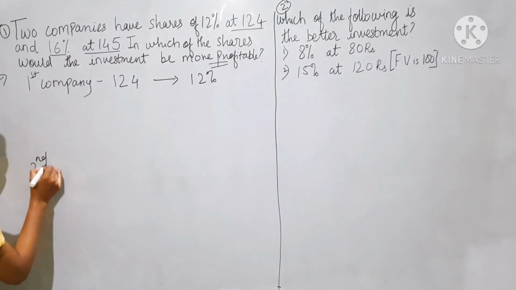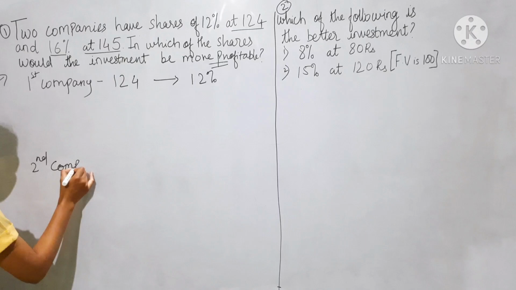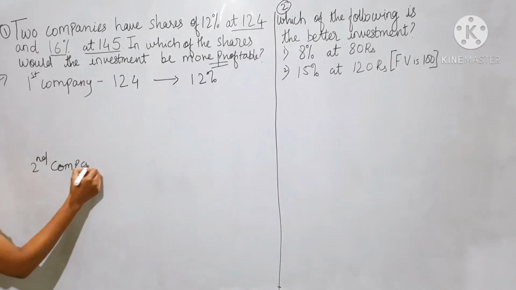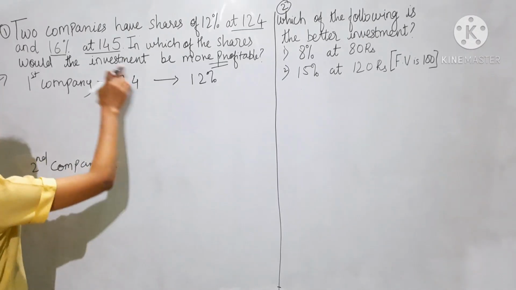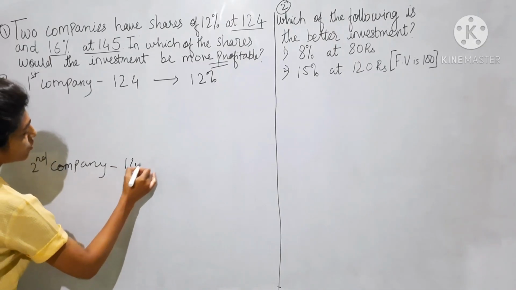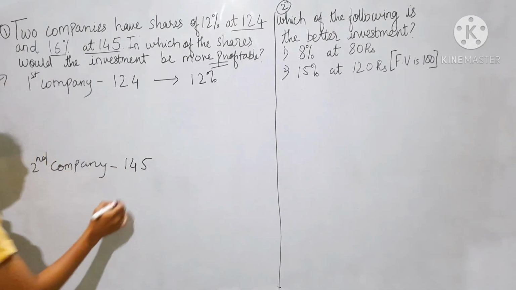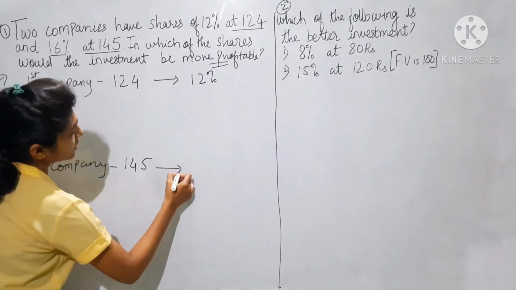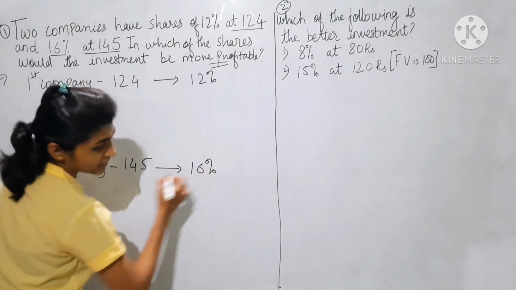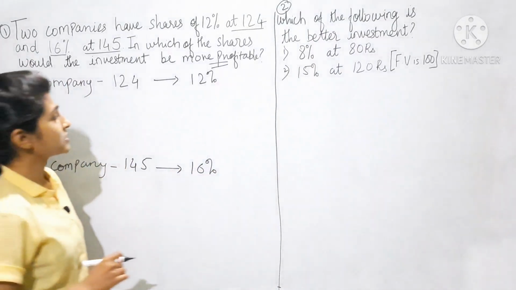For the second company, the market value is 145 rupees, and on this 145 it is 16%.